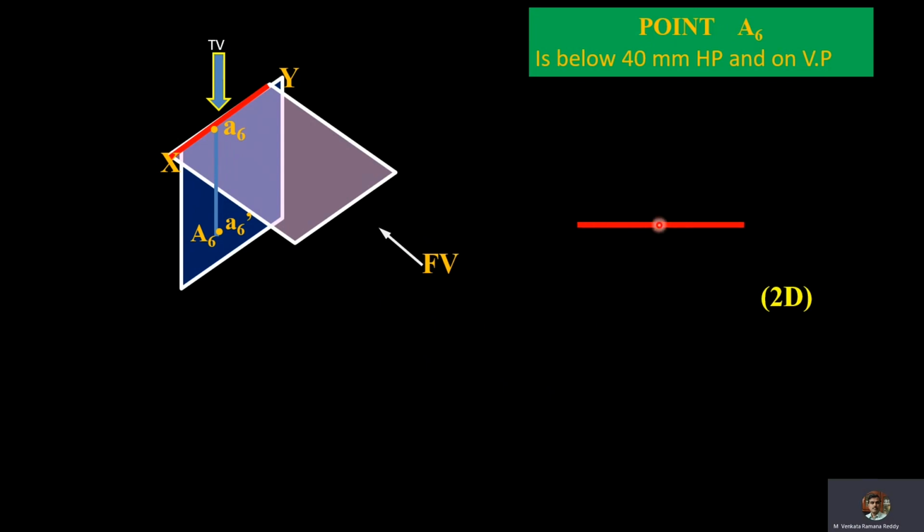That is A6 on the XY line and A6 dash 40 mm below the XY line. This is 40 mm. Then we'll see how we have to use the pencils in the case of projection of points.